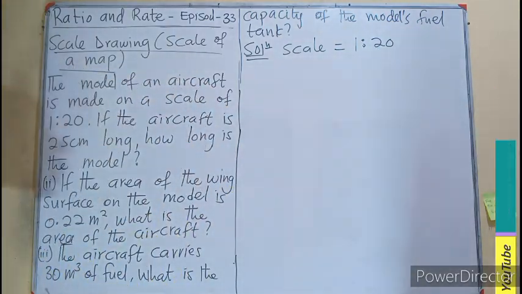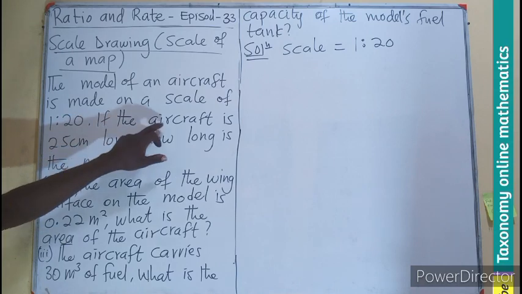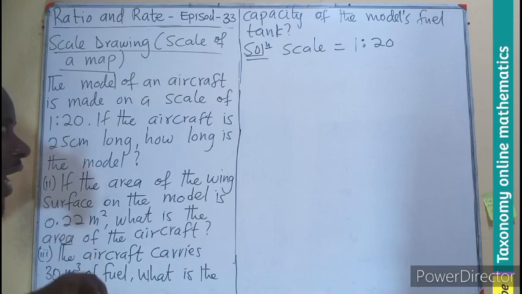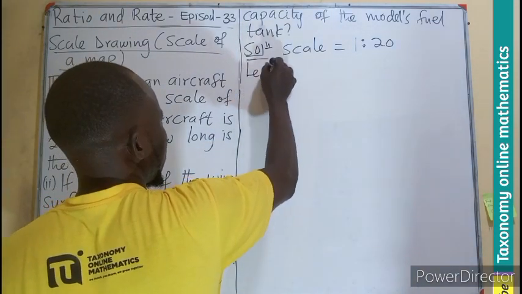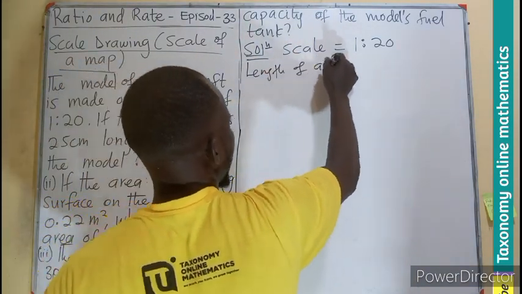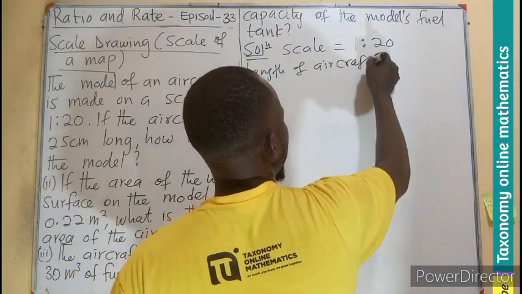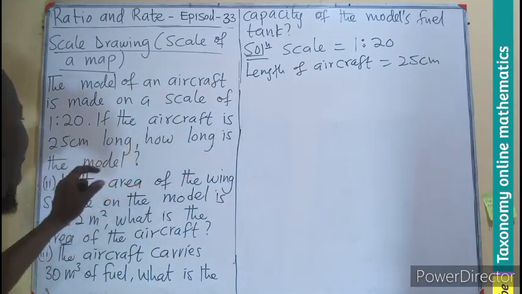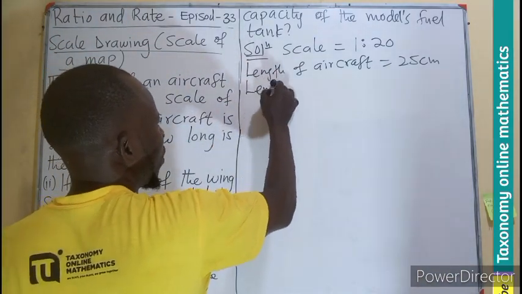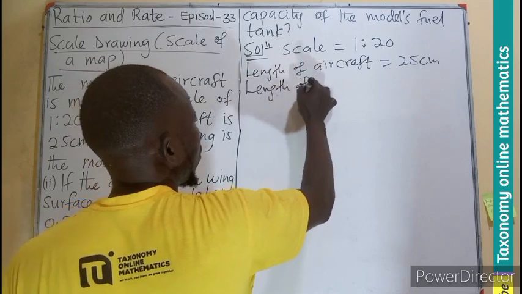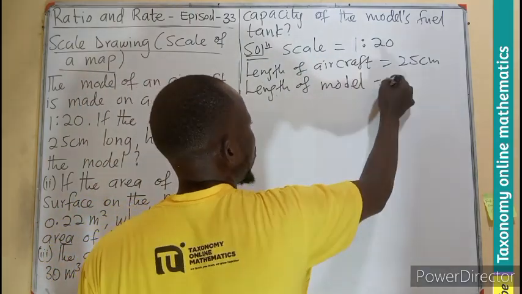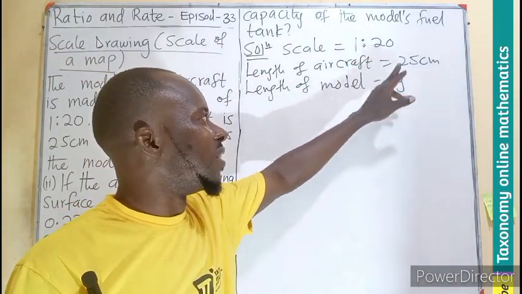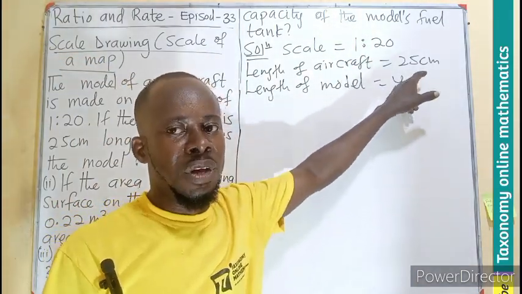So now, we are looking for, if the aircraft is 25, so the actual length, the length of the aircraft, you're looking for the length of the model. So the length of model is going to be y. We don't know. So now this ratio is the same as the ratio of the two measurements.